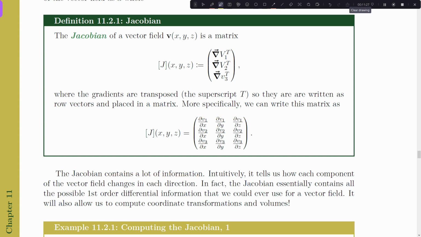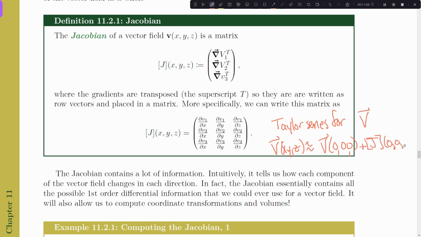I guess maybe another way of thinking about this as powerful is that Taylor series-wise, for the vector field v, we have something like v of x, y, z is approximately v at some point, call it 0, 0, 0, so v at the origin maybe, plus the Jacobian at that point, 0, 0, 0, times the vector, and this is matrix multiplication on a vector x, y, z, plus dot, dot, dot.